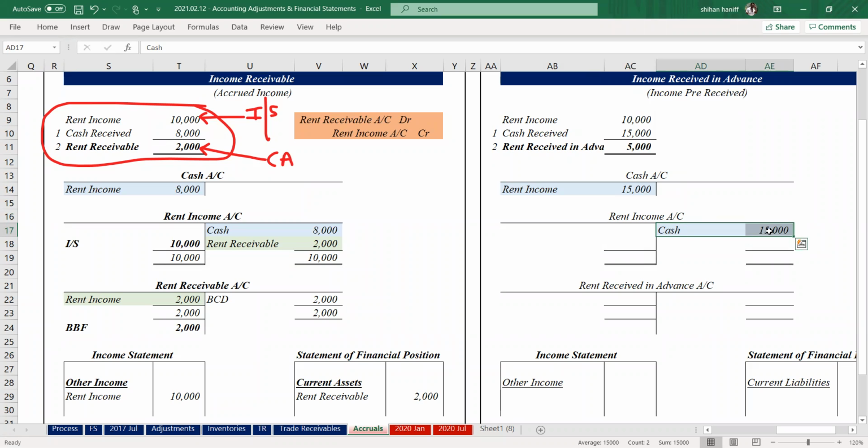So that's a liability. Received in advance is a liability. Therefore, rent income account will be debited 5,000. Received in advance will be credited 5,000. So that is the double entry for advance received.